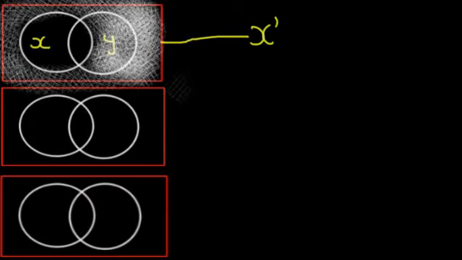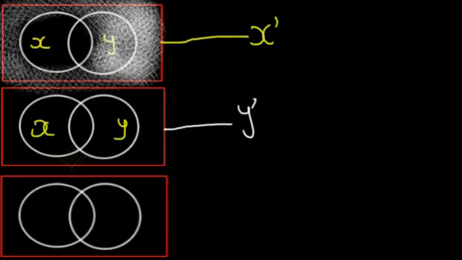Now let's do the same for y complement. Where are we to shade? In order to shade y complement, it means we have to shade all the region except y alone. If this denotes set x and the other circle denotes set y, that means we have to shade all the region except the y region alone.